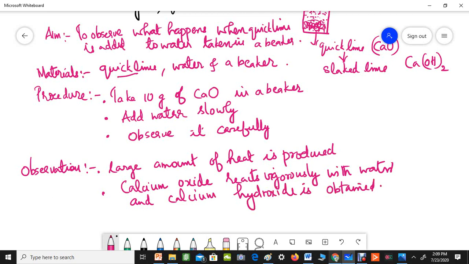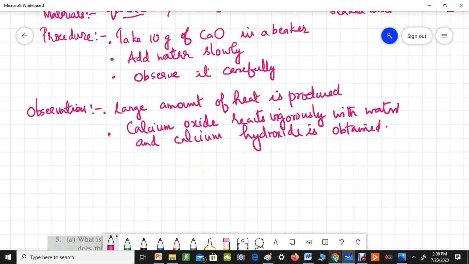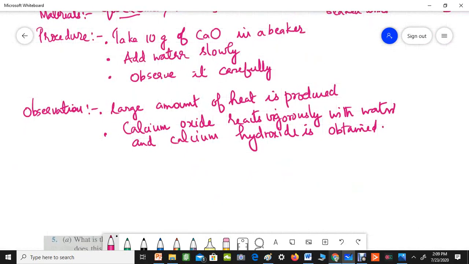Now, after observation, you can write the conclusion. What is the conclusion of this experiment? The reaction between calcium oxide and water is a combination reaction. It is an exothermic process because heat is evolved. So you can write your conclusion now.